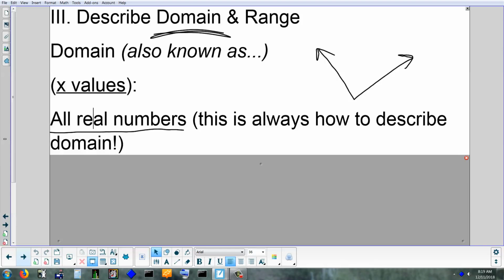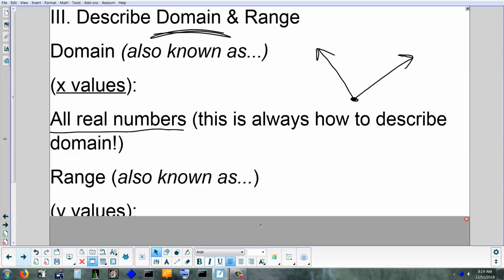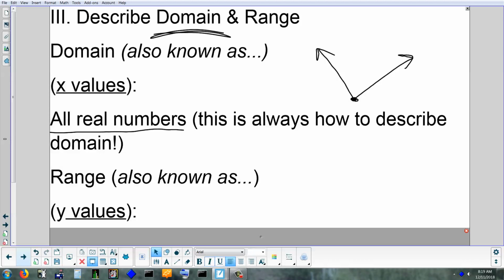Now, how about range? When you draw a V shape, does a V shape go up and down forever? No. A V shape either looks like this, where it has a lowest value and it goes up forever, or I think we did one yesterday, the very last one, it looked like this. It's still a V shape. It's just an upside down V shape.